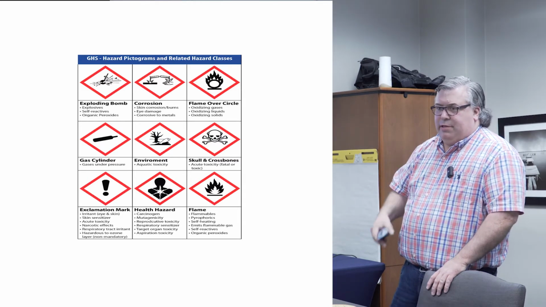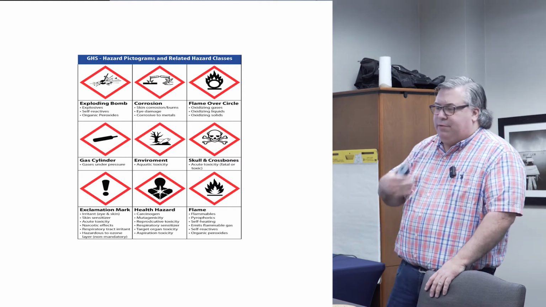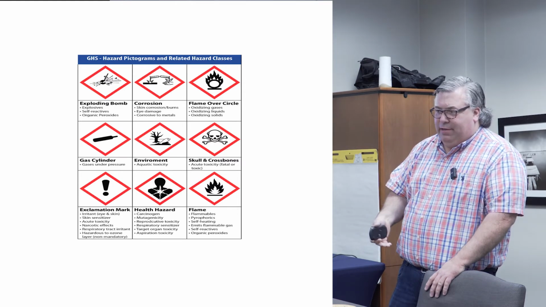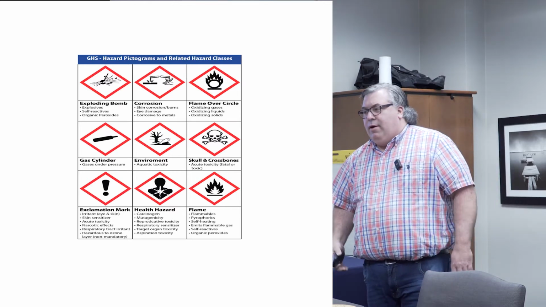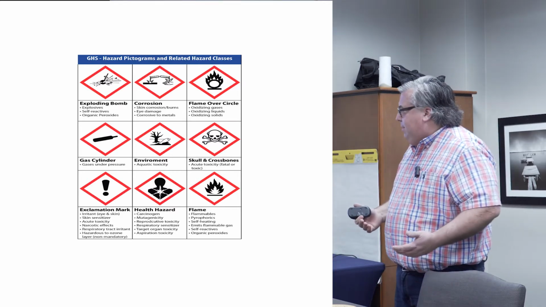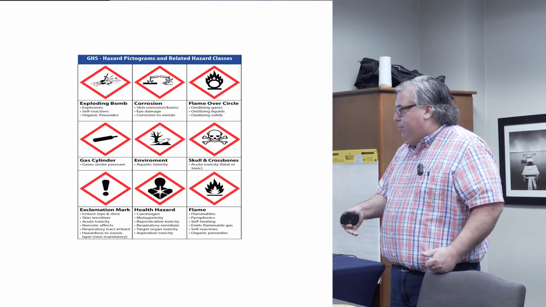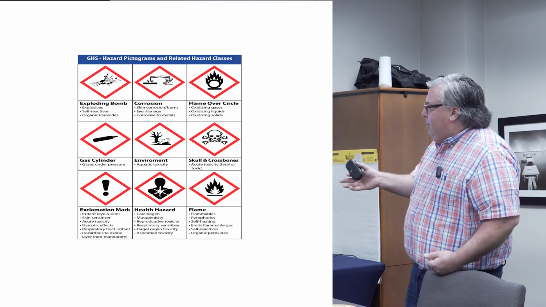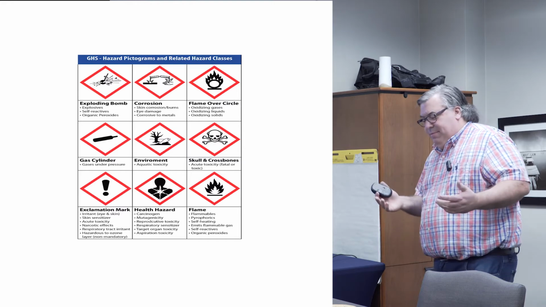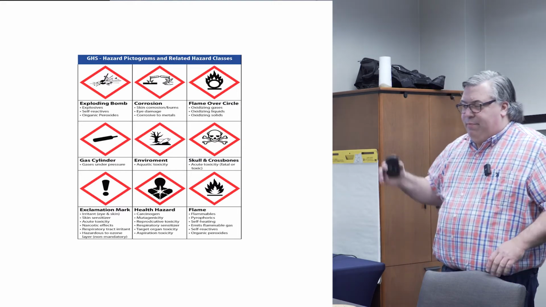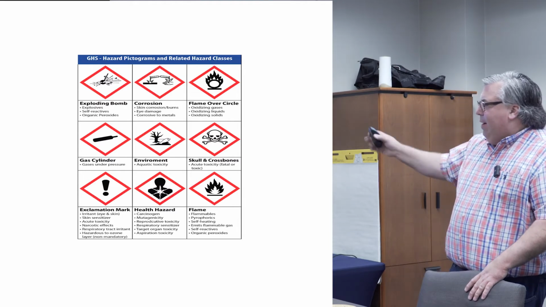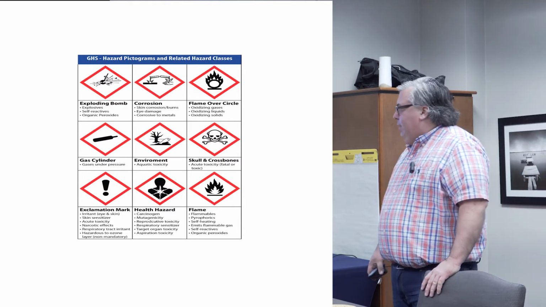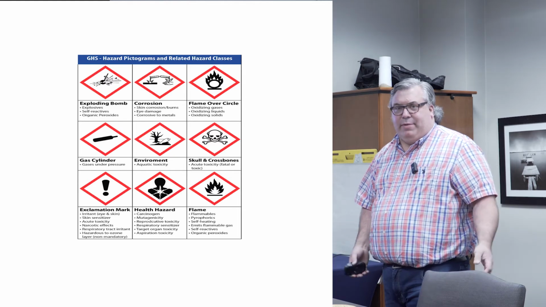Things that are carcinogens, mutagens, things that can change your DNA and cause cancer and other problems. They can cause you to have reproductive problems, respiratory problems. So they may not kill you right away, but they will cause problems for you over the long term. And then the bottom right, the flame, obviously for flammables.